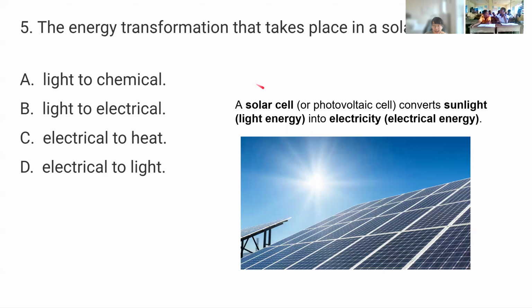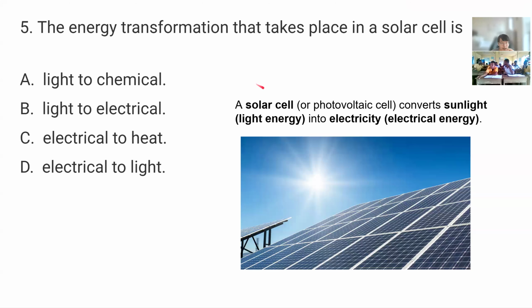Let's look at the next question here. The energy transformation that takes place in a solar cell is... anyone know the answer to this question?